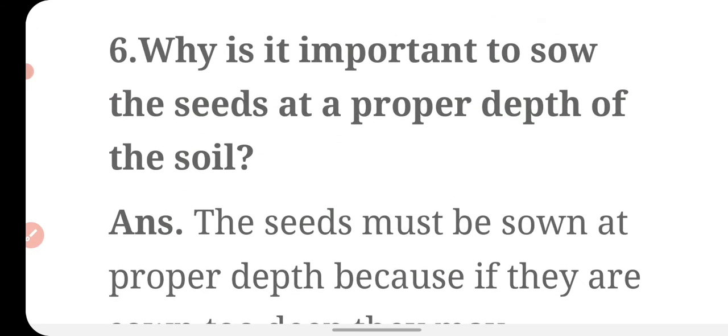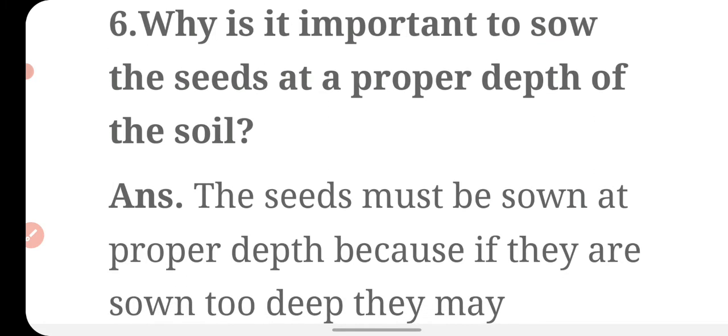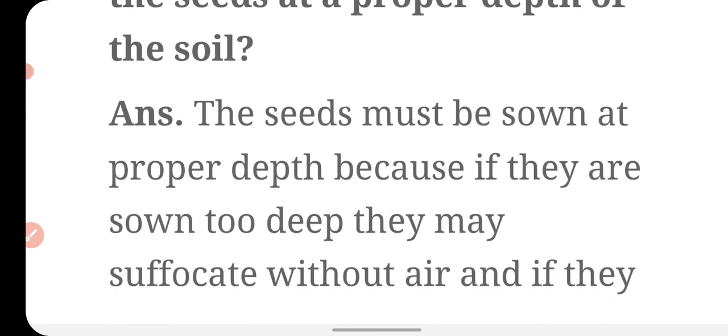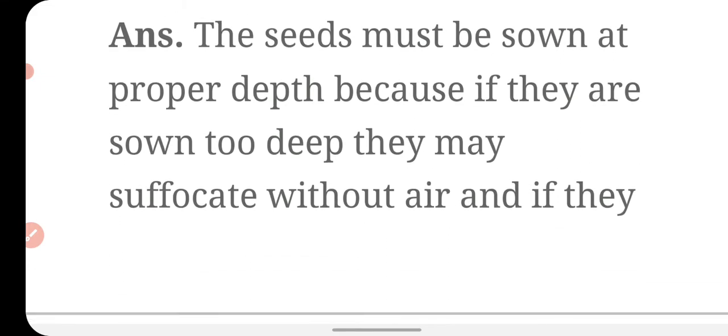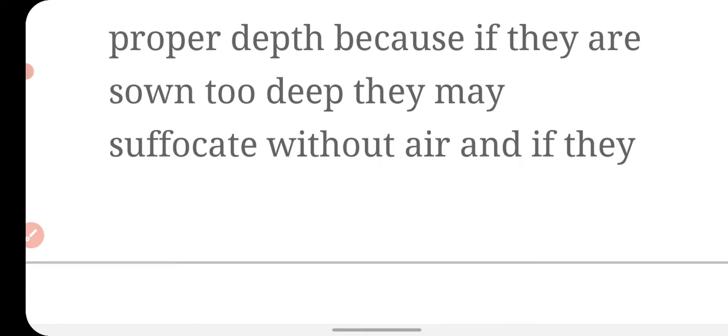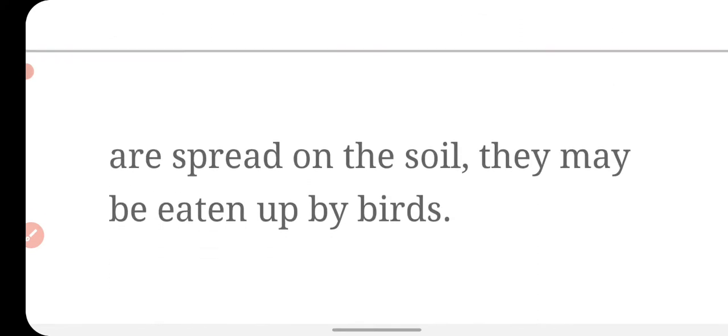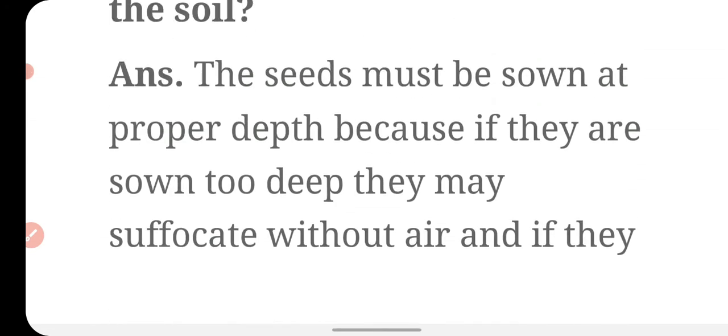Now the sixth question is, why is it important to sow the seeds at a proper depth of soil? The seeds must be sown at proper depth because if they are sown too deep, they may suffocate without air, and if they are spread on the soil, they may be eaten up by the birds.